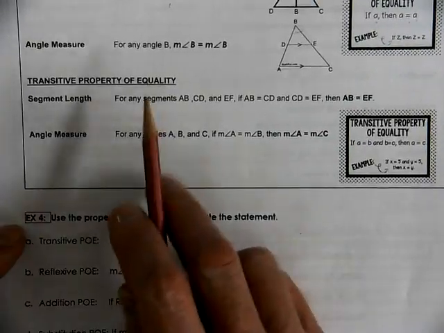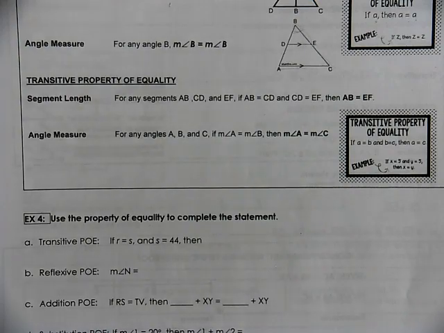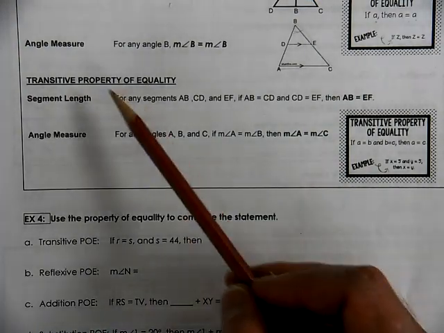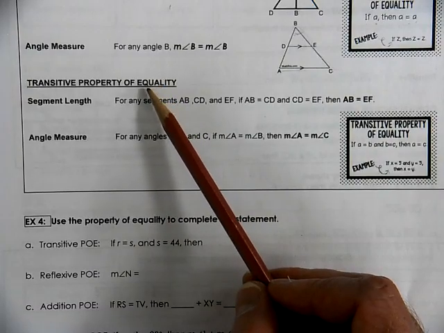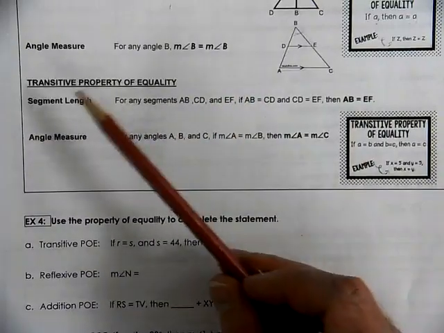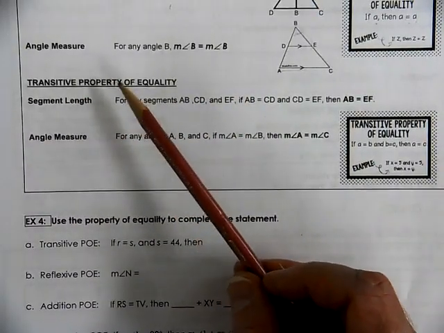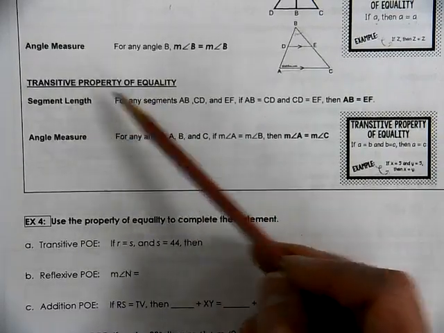Then we can come down to another property called the transitive property of equality. Now, typically for the transitive property of equality, I would use substitution. Substitution will be used more here, and we use transitive later on when we're dealing with congruence, but it does have its own property.